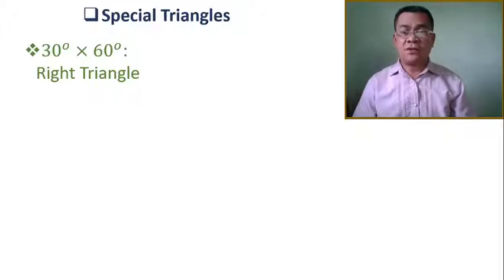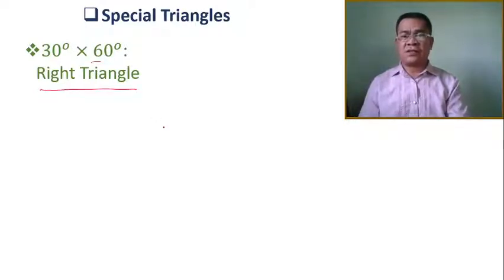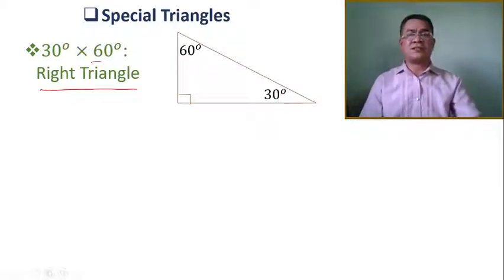Okay, so another special triangle is the so-called 30-60 right triangle, which means that in the triangle, one of the angles is 60 and the other is 30 degrees. The principle says that in a 30-60 triangle, the hypotenuse is twice as much as the side opposite to the 30 degrees.